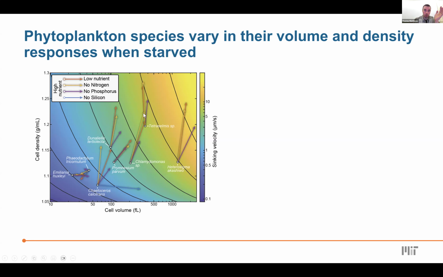The yellow arrow would show the nitrogen starvation, for example. What you'll see is that a lot of the arrows are pointing upwards, meaning that a lot of the cells are increasing their density when they're being starved. There's really one exception, and that is E. Huxleyi. E. Huxleyi only increases its volume when it's being starved, and the increased sinking velocity in E. Huxleyi is purely driven by volume changes.